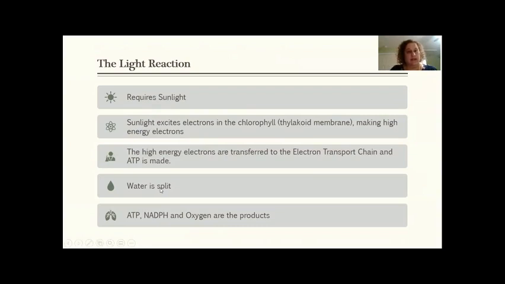Remember, water is a reactant in the light reaction, and it gets split during the process. And as we covered before, ATP, which is your energy molecule, NADPH, which is your electron carrier, and oxygen are the products of this first step of photosynthesis.